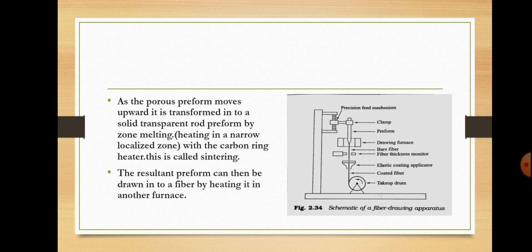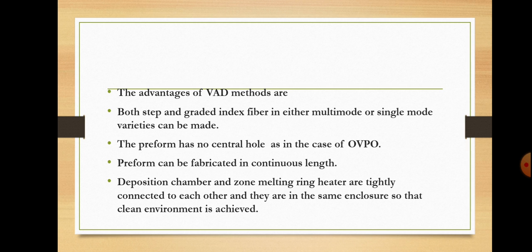Next we will go to the advantages of the VAD method. Both step index and graded index fibers, in either multimode or single mode varieties, can be made in the case of vapor phase axial deposition. The preform has no central hole in the case of the VAD method, but you know that in the outside vapor phase oxidation method there is a central hole.